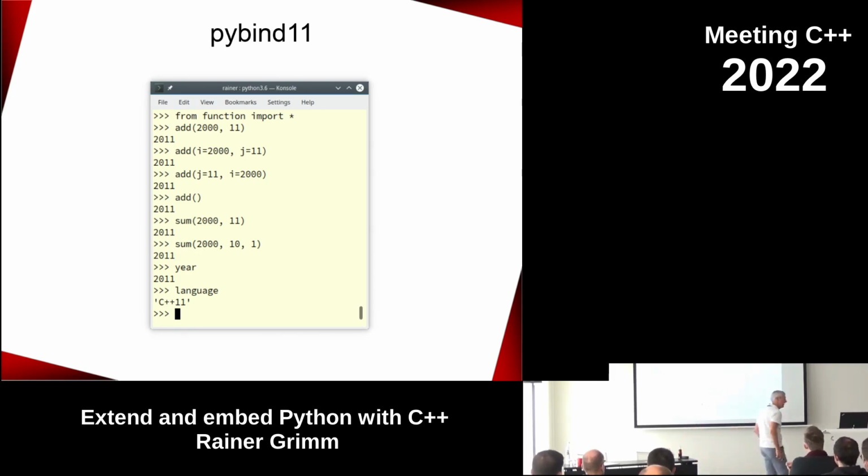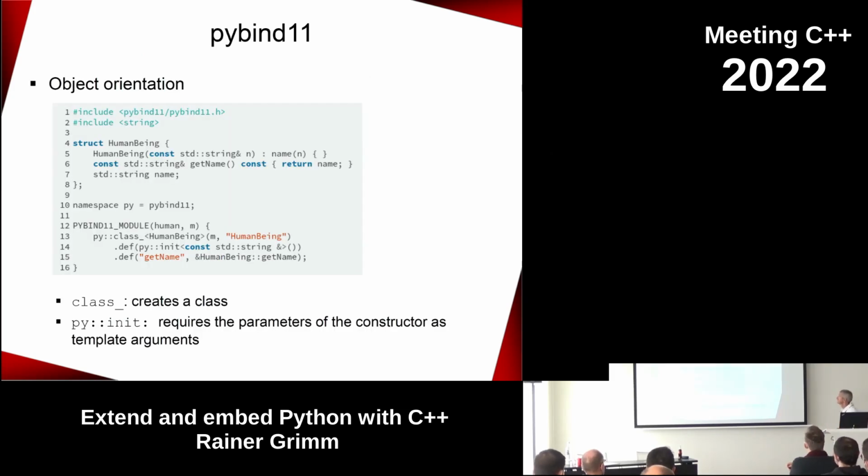Okay, now let's do a little bit more OO thingy. This is a class, human being, and this is the PyBind 11 binding for it. This is the entire stuff. Of course, in production code you originally have 2 files, but anyway. This is all.